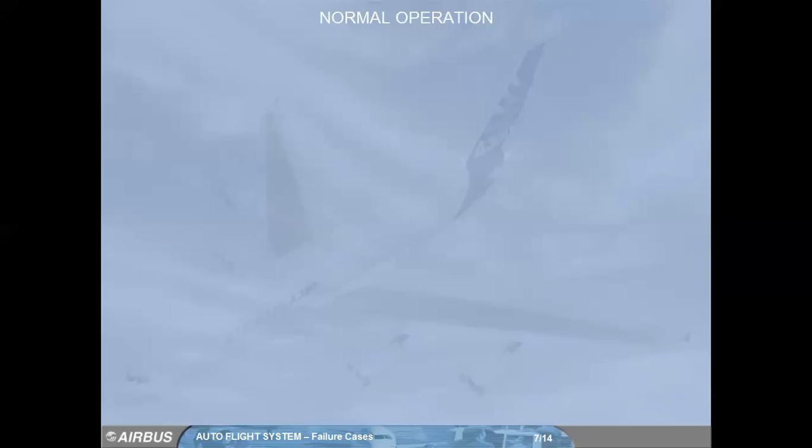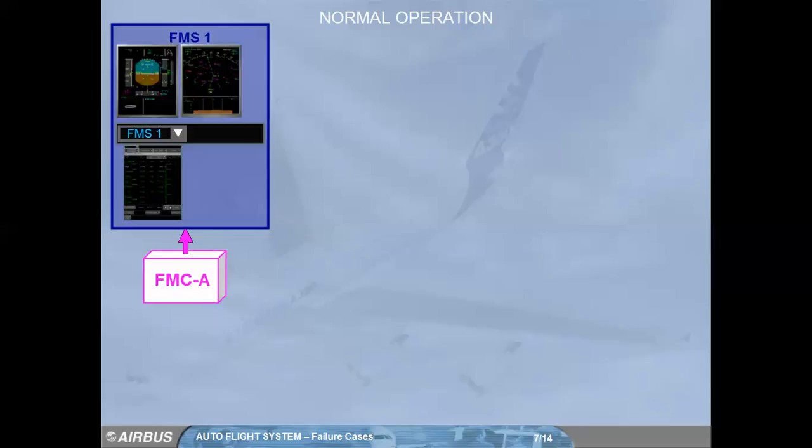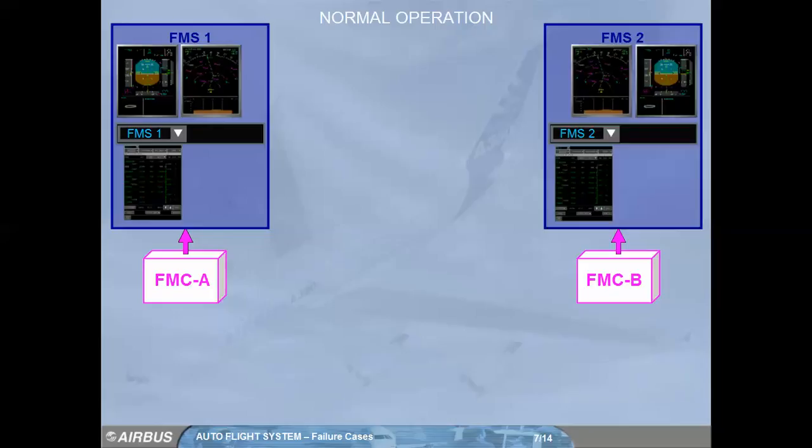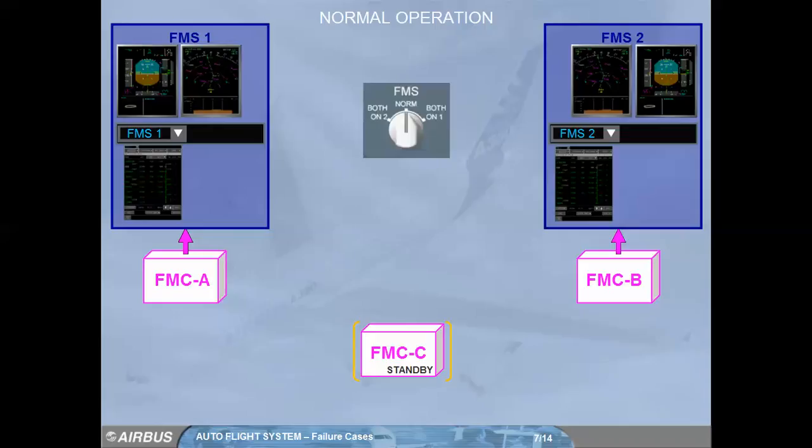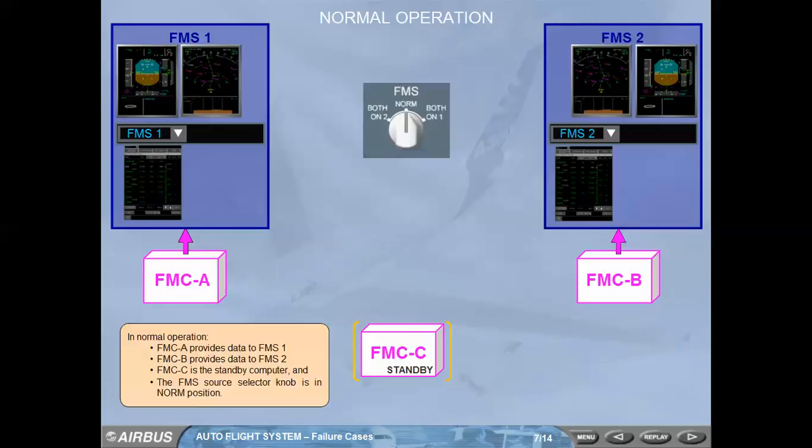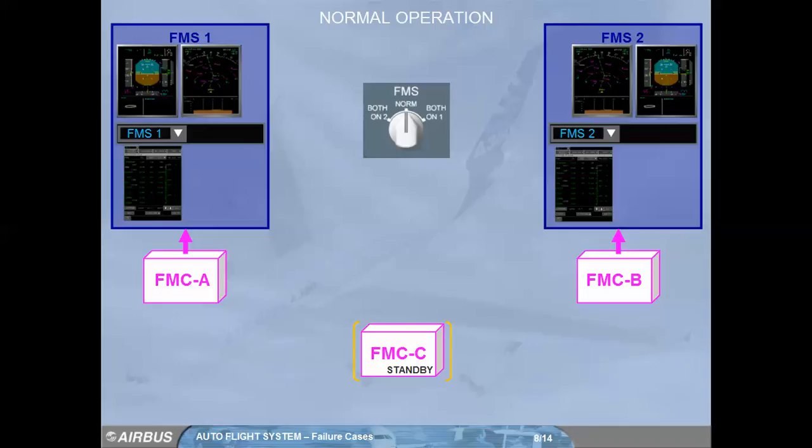Normal operation. FMCA provides data to FMS1. FMCB provides data to FMS2. FMCC is the standby computer, and the FMS source selector knob is in norm position. Of the two active FMCs, one is the master, the other is the slave.